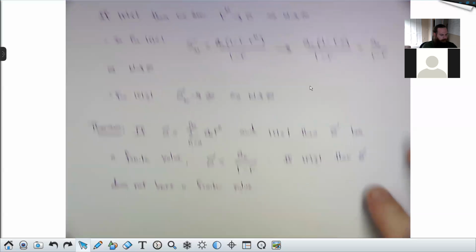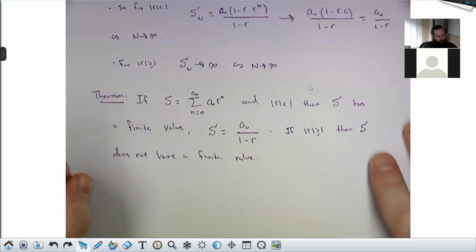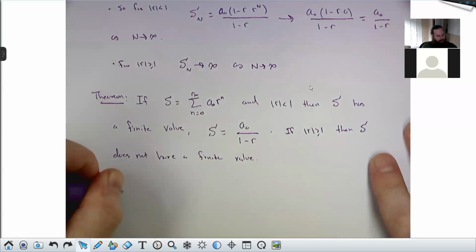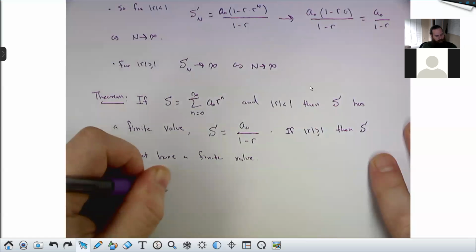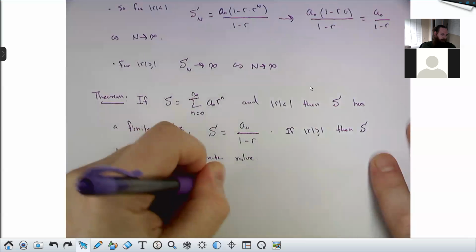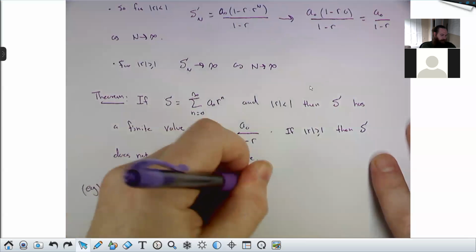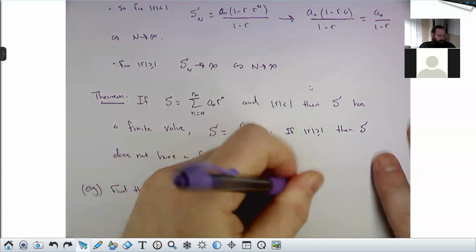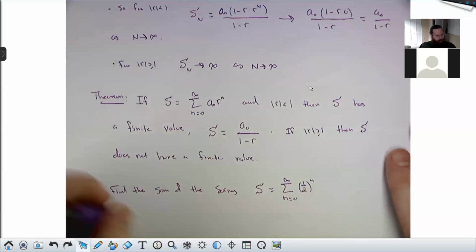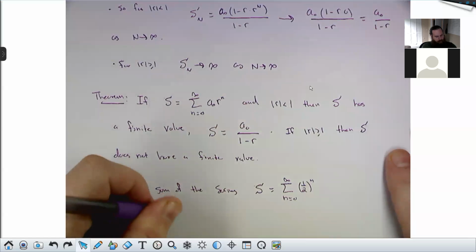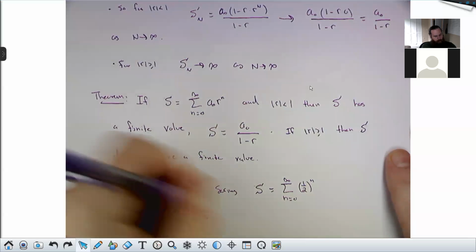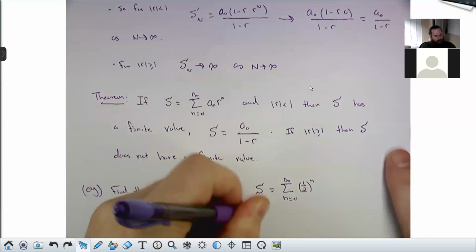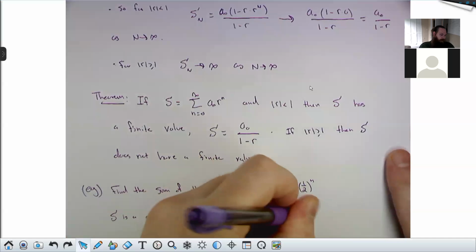So we can use this to find the sum of the series S from last time, which was the sum from n equals 0 to infinity of (1/2) to the n. This is geometric, with a naught equal to 1 and r equal to 1/2.